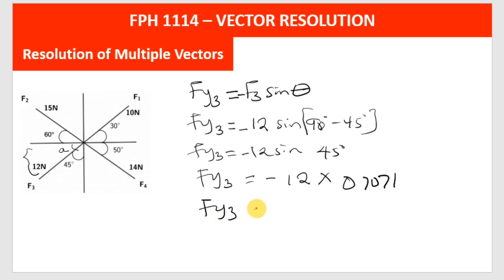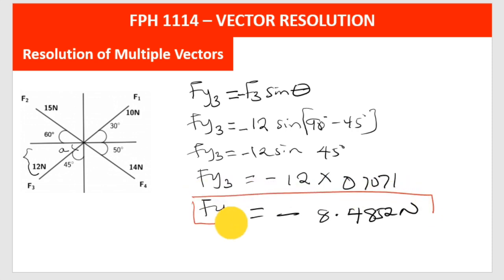So Fy3 is equal to minus 12 times 0.7071, which gives us 8.4852 Newton. So for F3 we have this value. Quickly we work for F4.